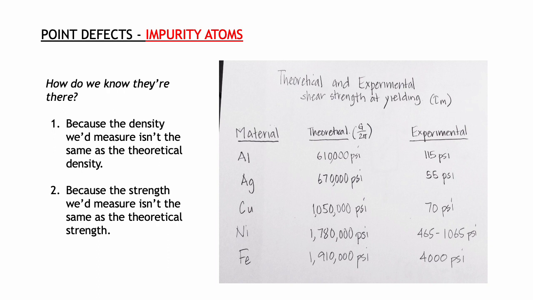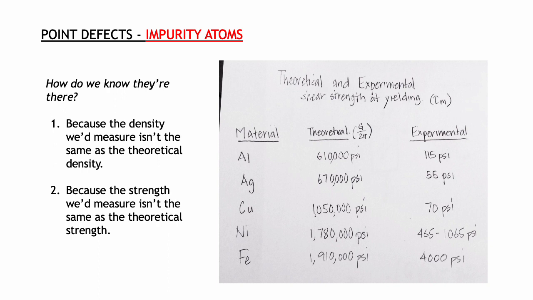The other reason that we knew that the 3D crystalline structure of a metal wasn't perfect is that if it were perfect, we could calculate the number of bonds across any area. And if we knew the number of bonds and we knew the bond strength, then we could calculate the resistance to deformation across an area.